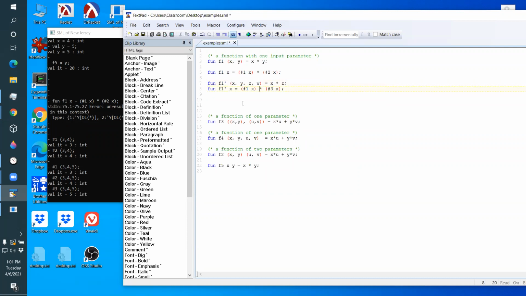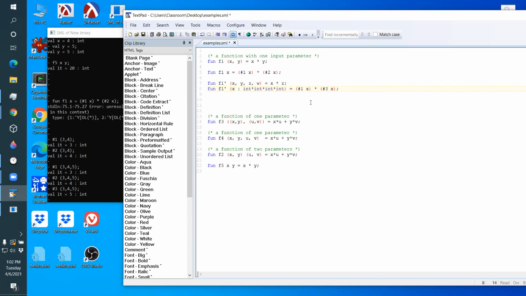Now you can fix this by telling ML the type of F. This is one of the few places in ML where you have to say that the type of this is int times int times int times int. So I have to tell ML that it's a quadruple.